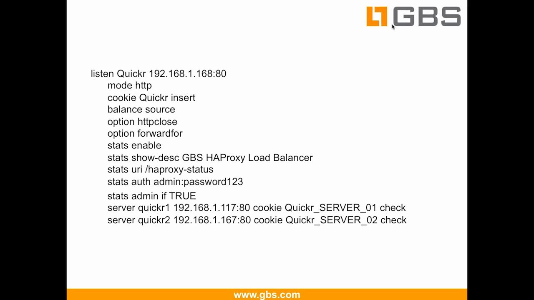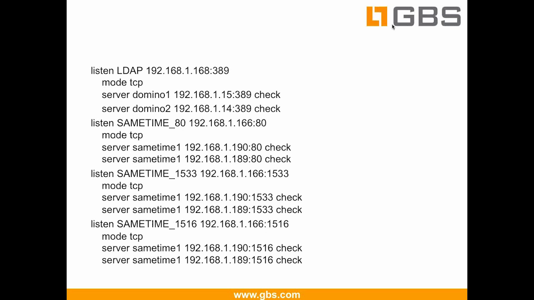There's some different balance options you can do as well to balance based on which backend servers are more available, etc. If you want to get into just serving some TCP ports such as LDAP or Sametime, then you would specify the local IP and the local port that you want HAProxy to listen on.